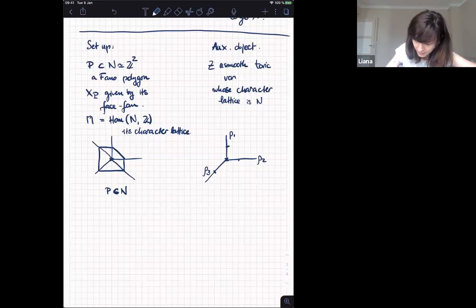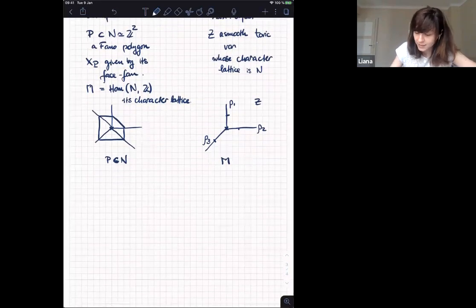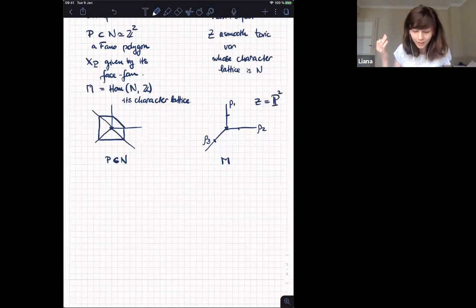This fan of Z lives in M. I'm just going to say this is Z. Okay, and who is Z that has this fan? Well, Z, sorry, not isomorphic. It's really just P2. This is the fan for P2.